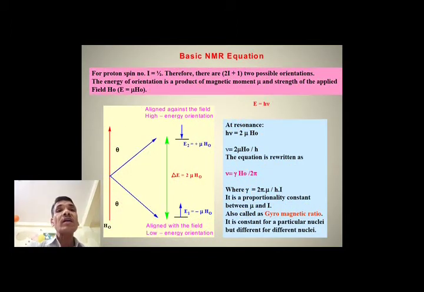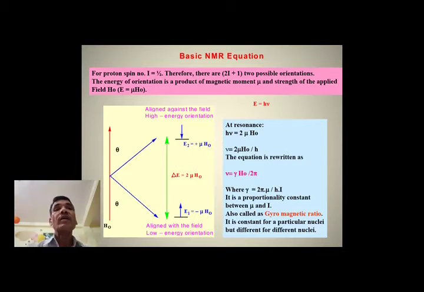The basic NMR equation. For a proton spin, I is equal to 1/2. There are 2I plus 1 possible orientations. These two possible orientations have energy given by the product of the magnetic moment mu and the strength of the applied magnetic field H0.